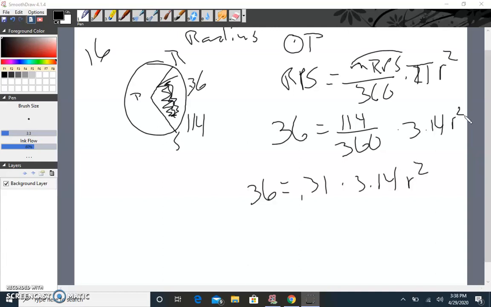Alright, so we took 114 divided by 360, got 0.31. So we take 36 equals 0.31 times 3.14 gives us 0.973 r squared. Okay, so we got to divide both sides by 0.973.